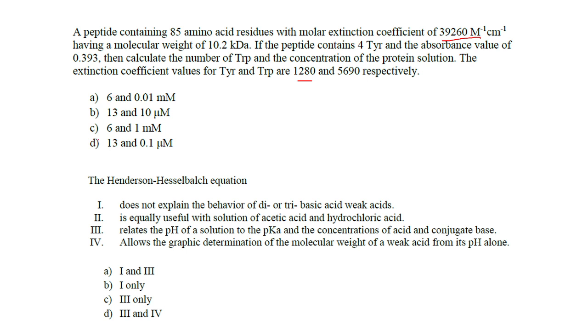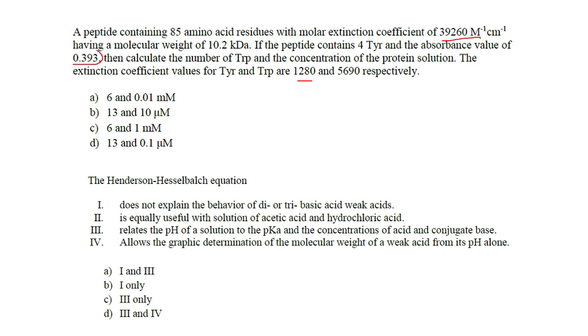So when you get the value to be 6, from there you can calculate the concentration from A equals epsilon Cl, where absorbance is given over here.